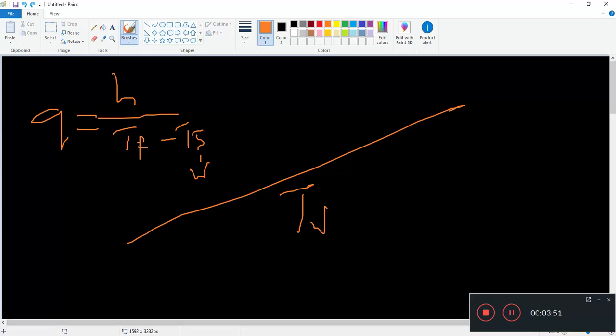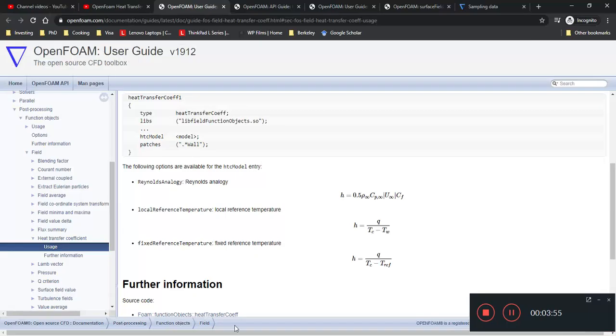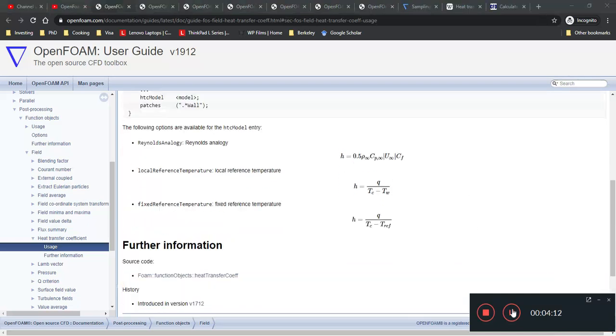So this is the wall temperature, which is being referred to here. Or is this some kind of local temperature? Anyway, we have heat flux divided by Tc minus Tw.